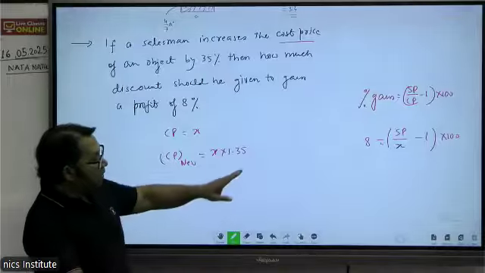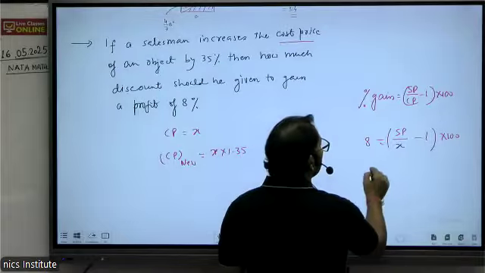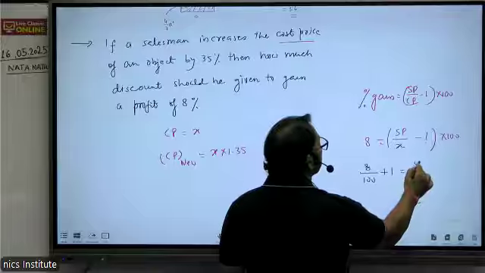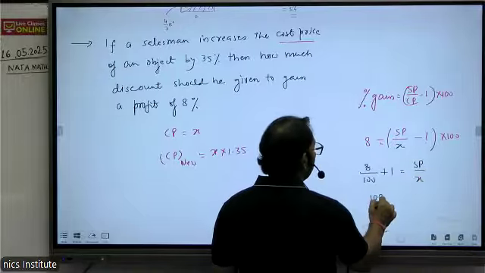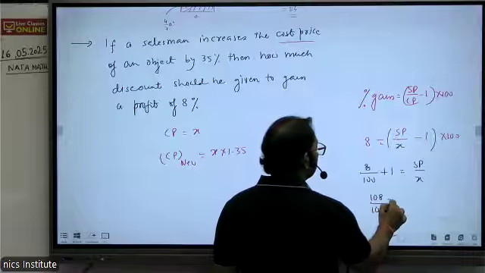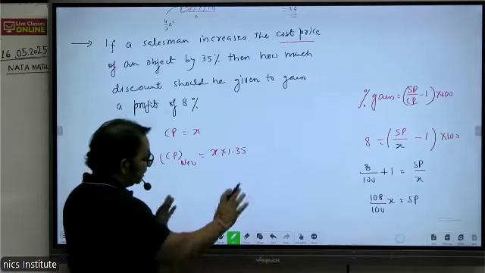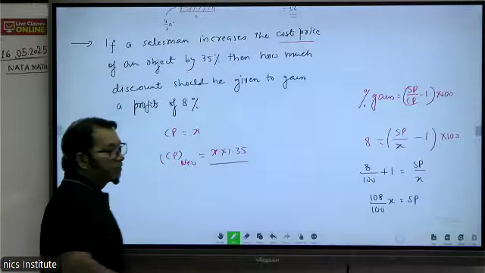So he's gaining 8% profit by the new sell price. So we can calculate this: 8 by 100 plus 1 is SP by X. 108 by 100. So this is SP. He's basically selling at this price. And he's quoting how much price? He's quoting this.